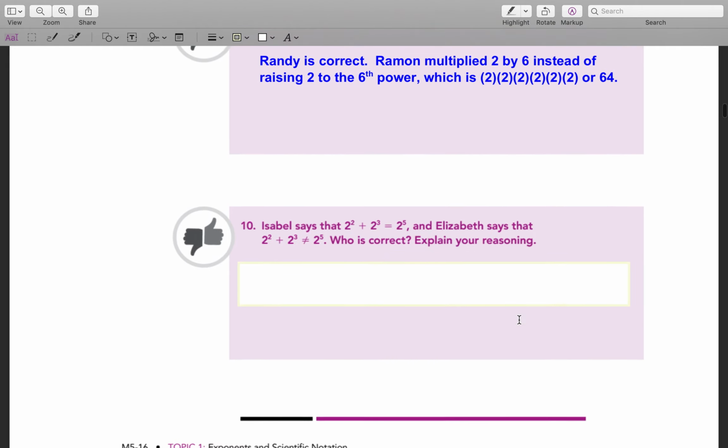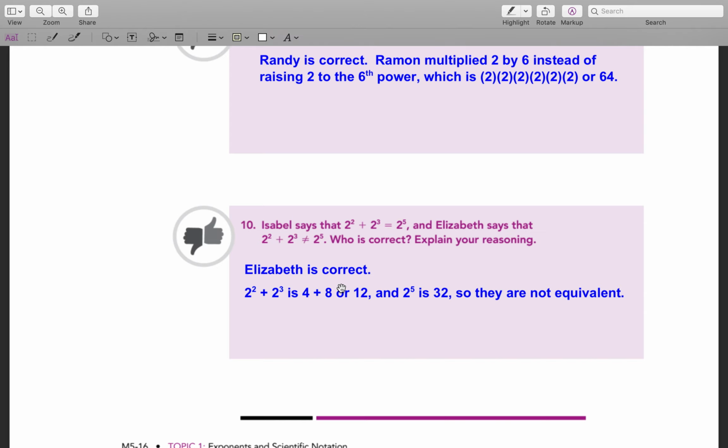Isabel says that 2 squared plus 2 cubed is equal to 2 to the 5th power, and Elizabeth says that 2 squared plus 2 cubed is not equal to 2 to the 5th. So who's correct? So we can say that Elizabeth is correct because 2 squared plus 2 to the 3rd is 4 plus 8 or 12.